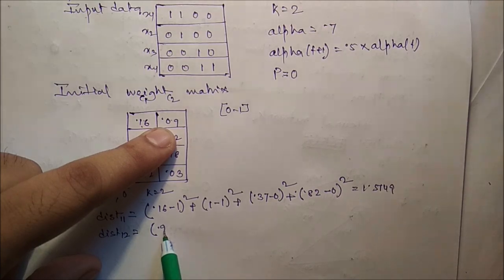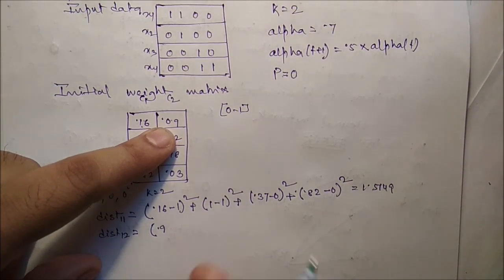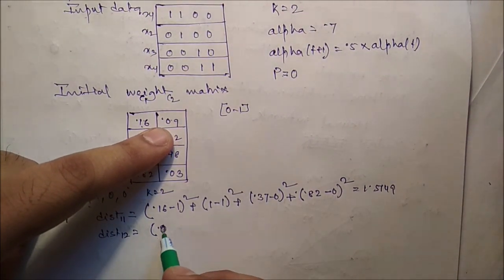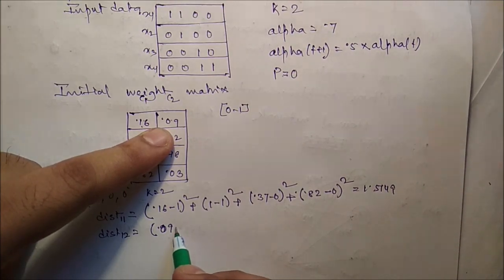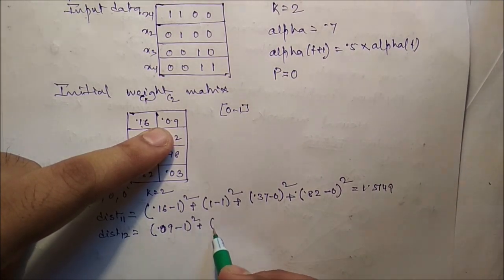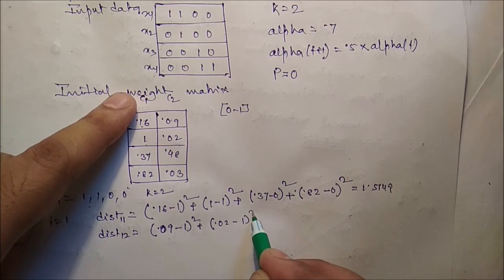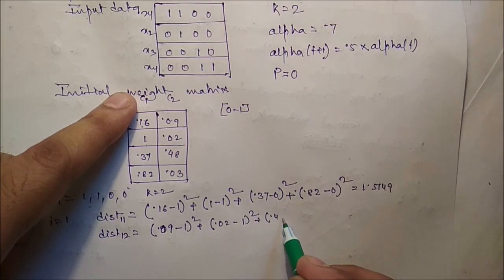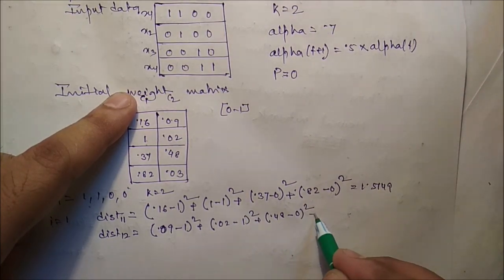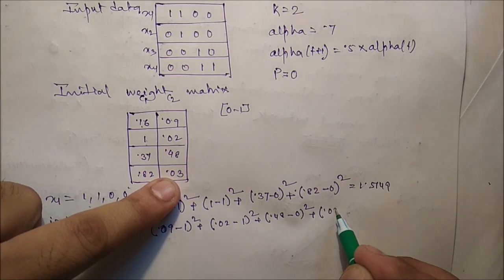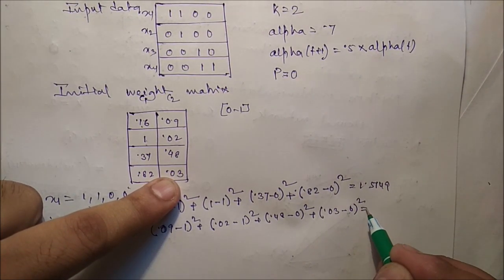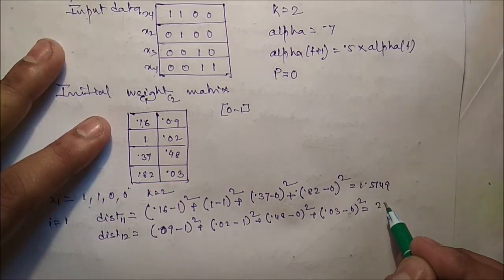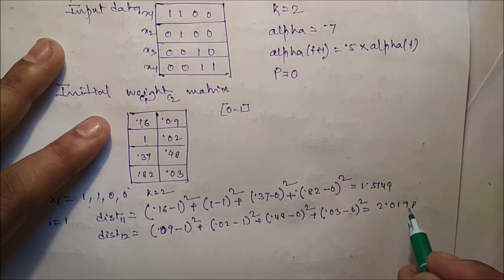Similarly, you have to calculate the distance for the second cluster: 0.09 minus 1 squared plus 0.02 minus 1 squared, 0.48 minus 0 squared, 0.03 minus 0 squared, and if you solve it you get 2.0198.